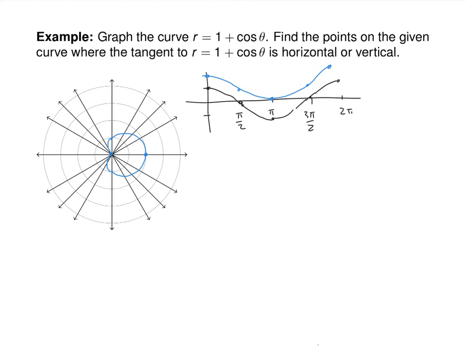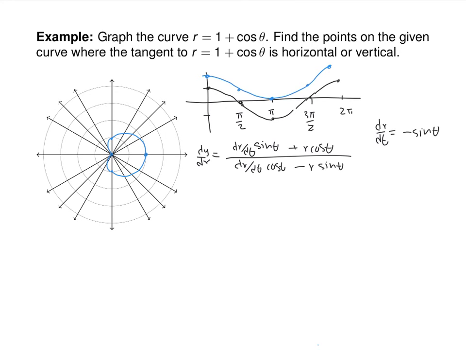All right, now to find whether the tangent is horizontal or vertical, we find the derivative. So dy dx is dr d theta sine theta plus r cosine theta over dr d theta cosine theta minus r sine theta. And dr d theta here will equal negative sine of theta.